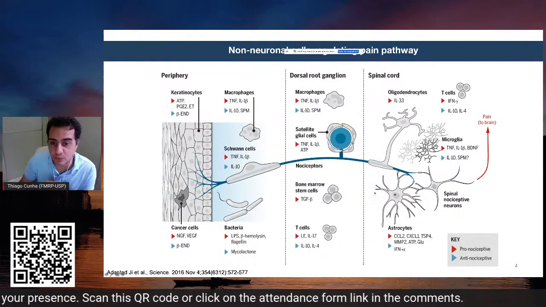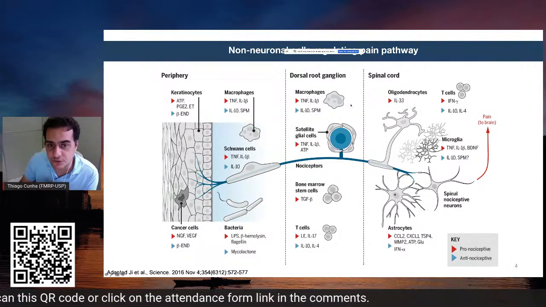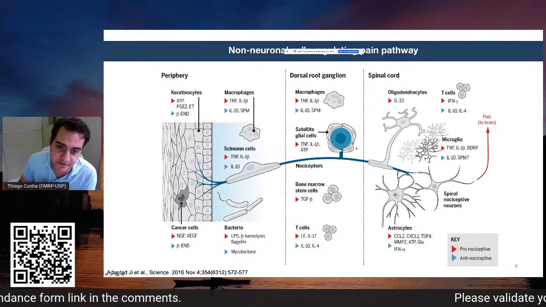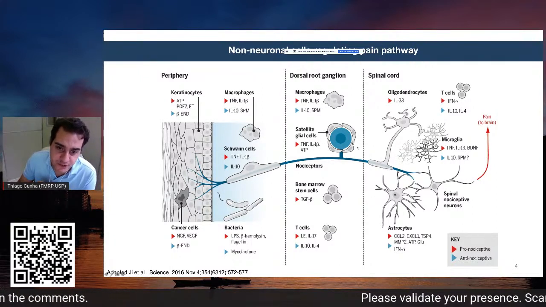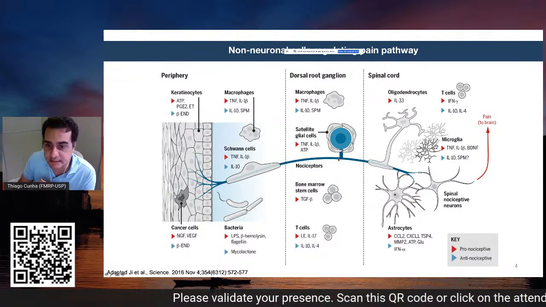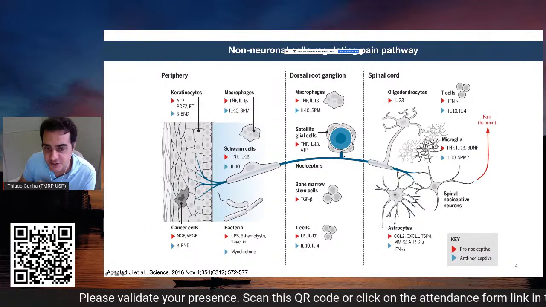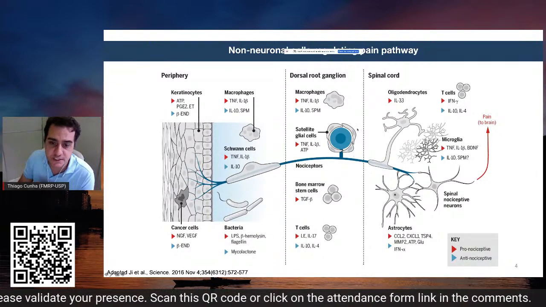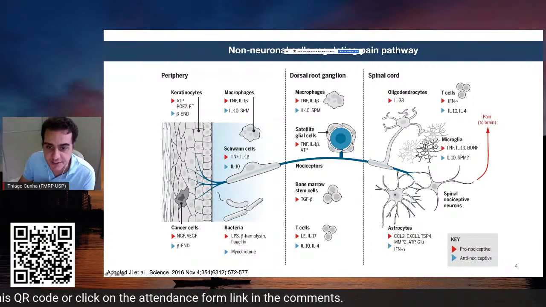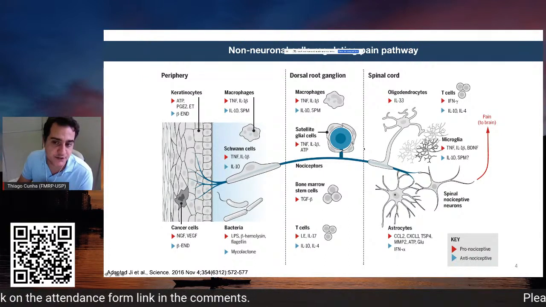For example, in the dorsal root ganglion, we can identify very special cells that we call satellite glial cells, which change their function during pathological conditions. They can, for example, produce inflammatory mediators that can sensitize the neurons.